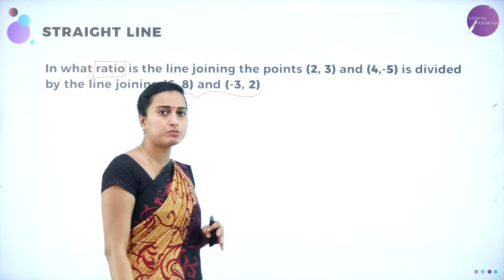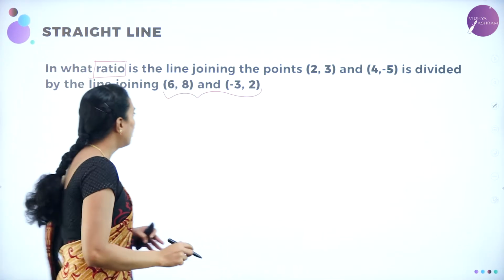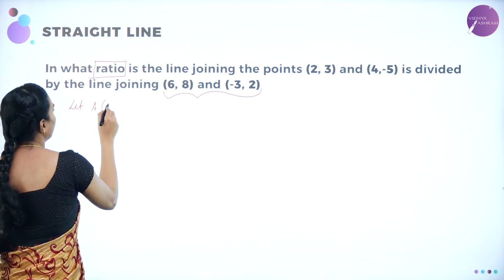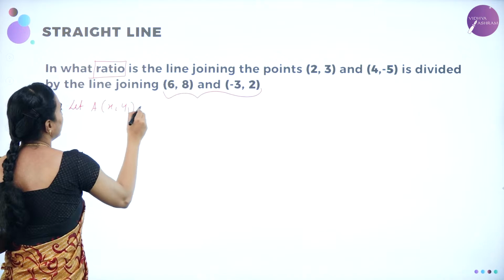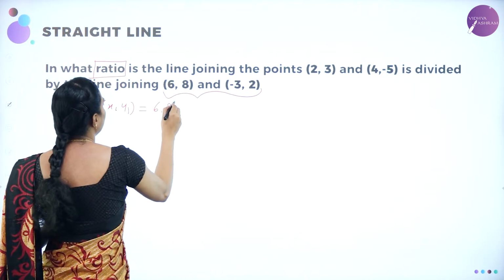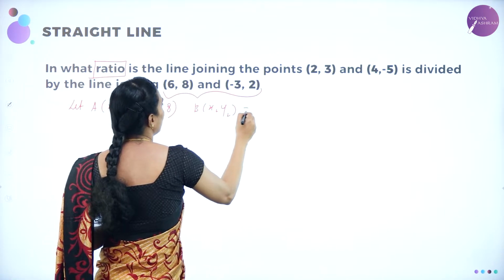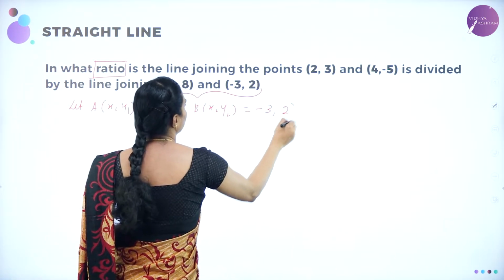Line joining the points means by the 2-point form. What is the 2-point form? Let A(x1, y1) be (6, 8) and B(x2, y2) be (-3, 2).